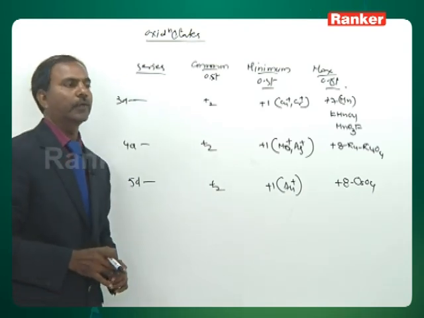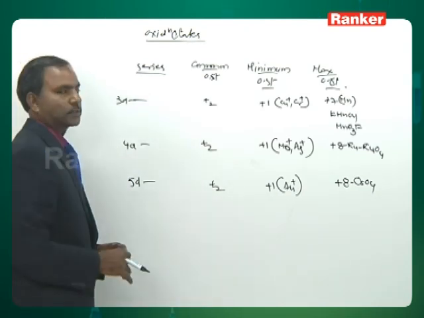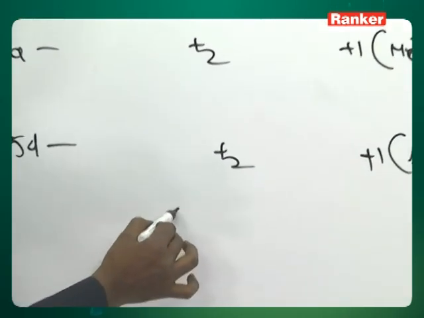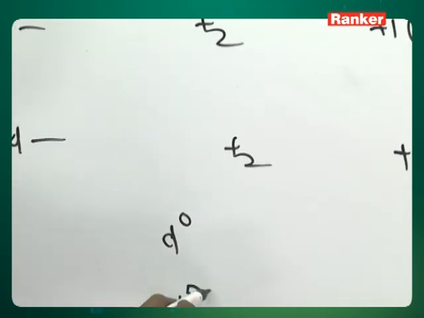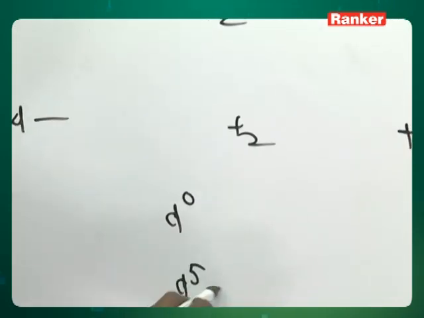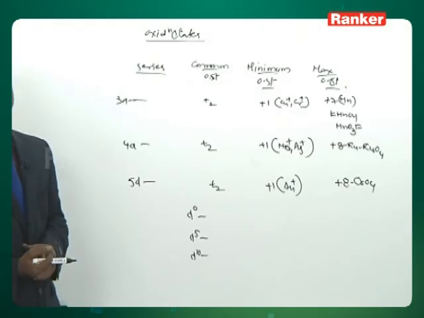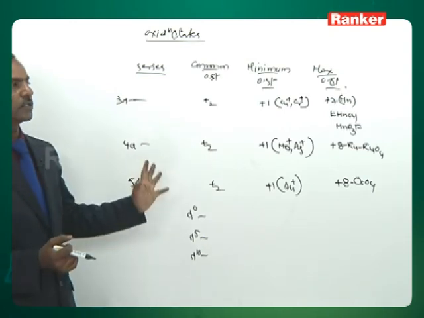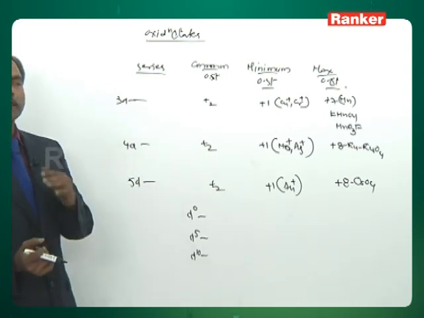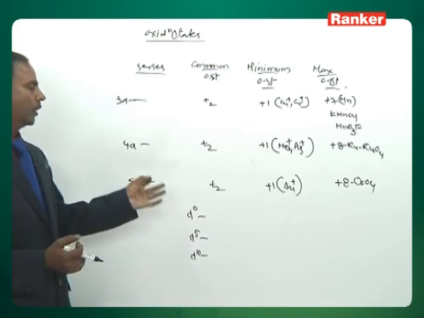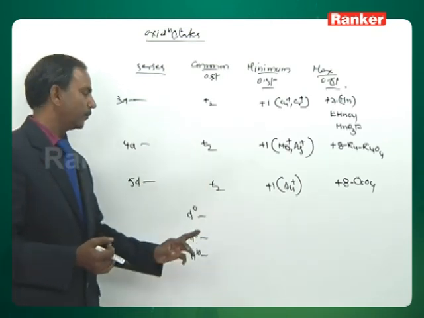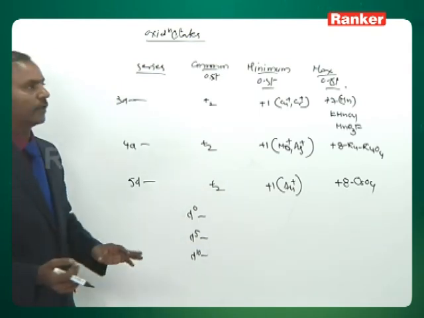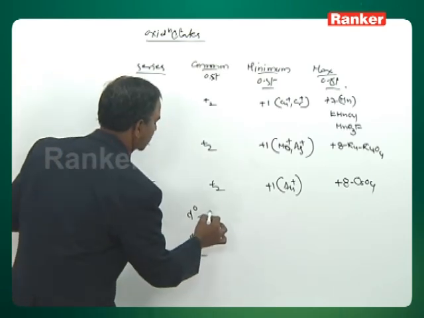What are stable oxidation states? Whenever a metal ion gains either d0, or stable d5, or stable d10 electronic configuration, such oxidation states are considered stable oxidation states.